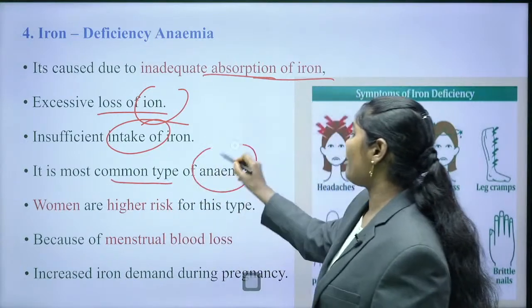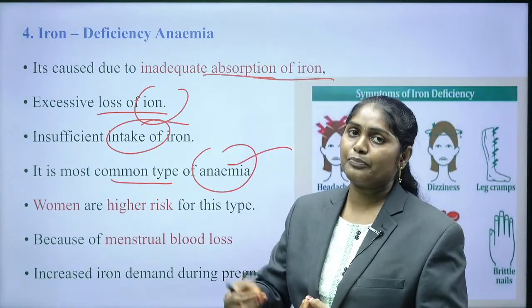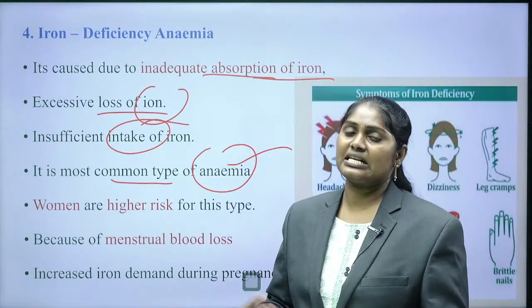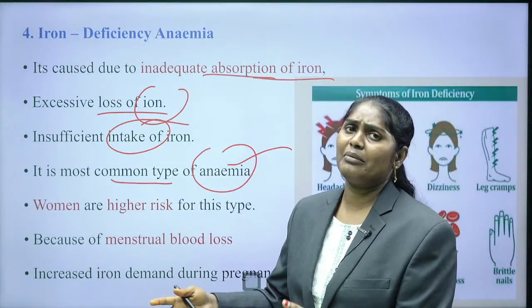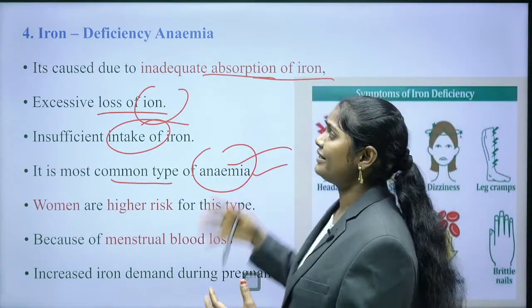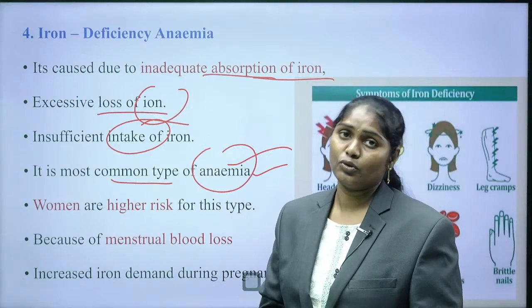It is the most common type of anemia. That's why the government provides iron tablets in healthcare centers and in villages; it's a common thing nowadays, because this is the most common type of disease, especially in women.